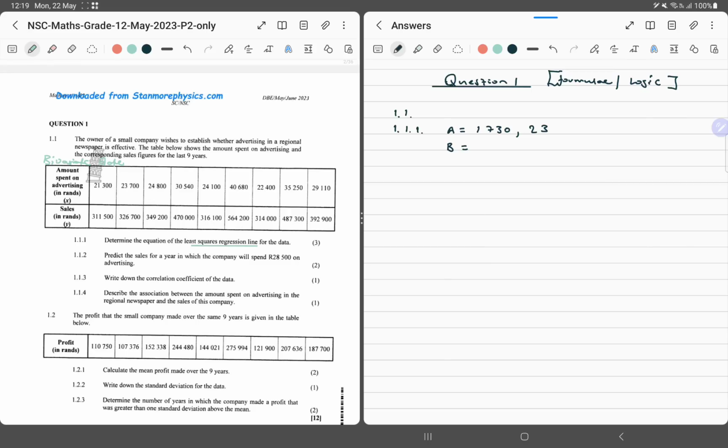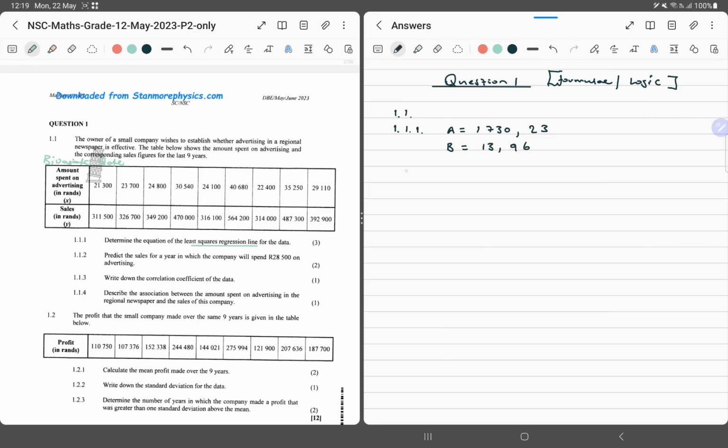Okay, and then let's look at our B. Again here, unfortunately, you follow the same procedure as many times as you need to. This one gives us 13.96. Of course, this is in rands, so you can put the rands if you want. It's not a big deal.